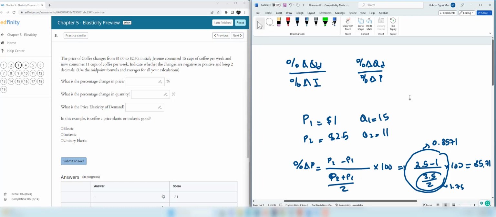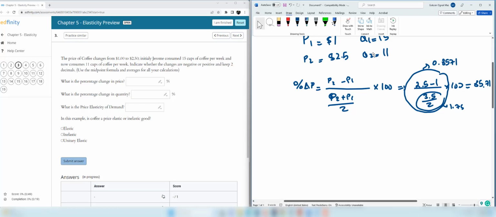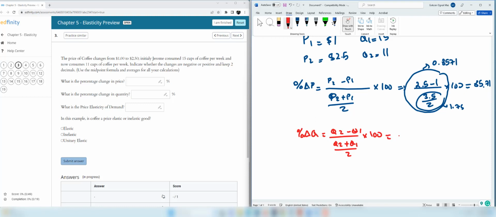Now the next one is we need to calculate the percentage change in quantity. We have the numbers here, we just need to apply the formula. Percentage change in quantity is equal to Q2 minus Q1 divided by the average of these two quantities, and times 100 will give us a percentage. So here Q2 is 11 minus 15, divided by (11 plus 15) over 2.